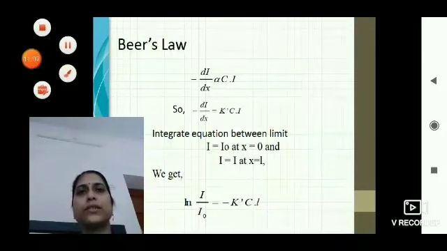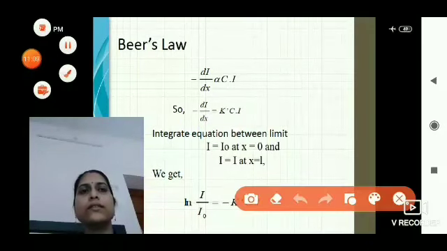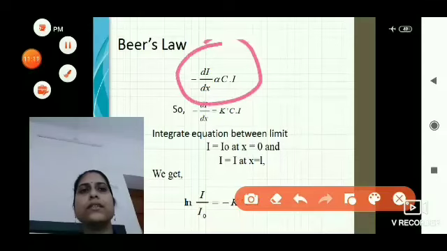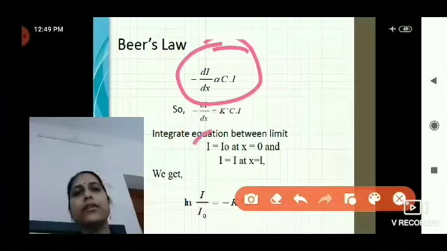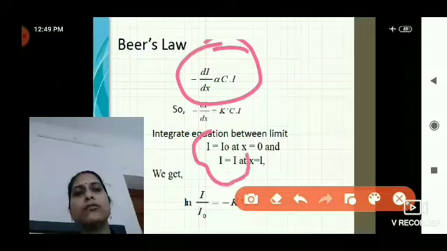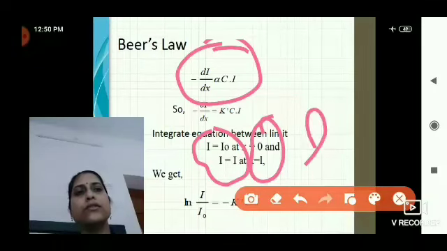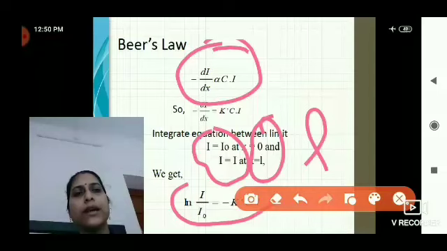The mathematical expression is -dI/dx proportional to CI, where the negative sign again refers to the reduction of intensity, C is the concentration, and I is the incident intensity. When you integrate from I = I0 to I and x = 0 to L, you get ln I/I0 = -K'CL.